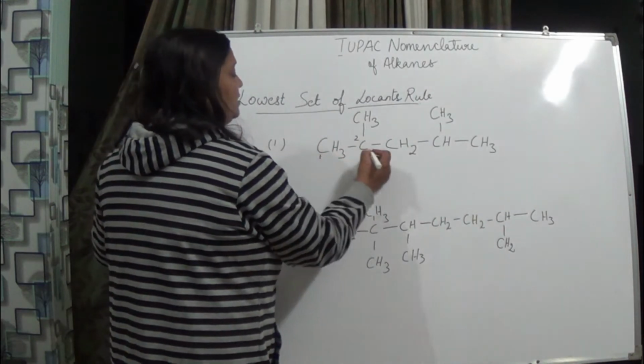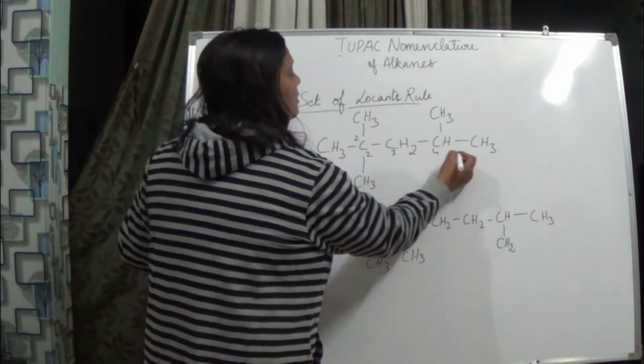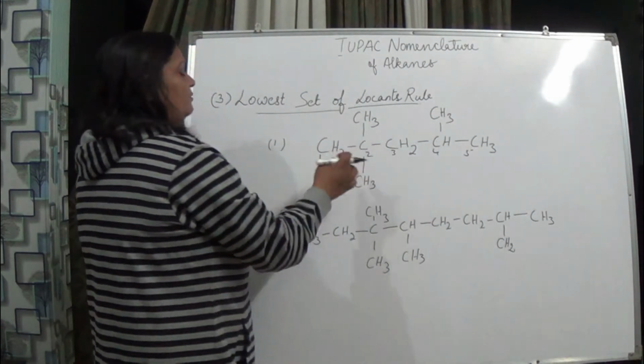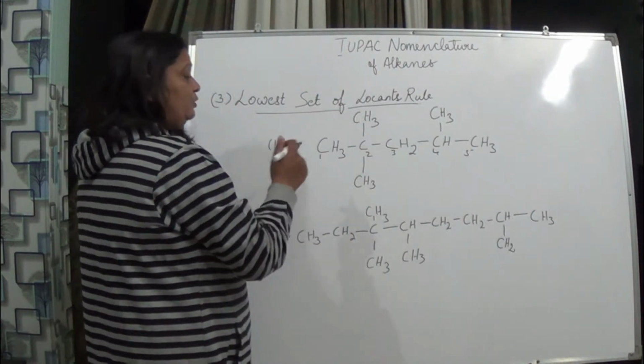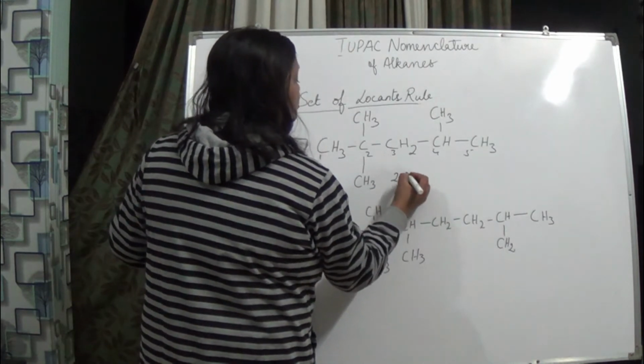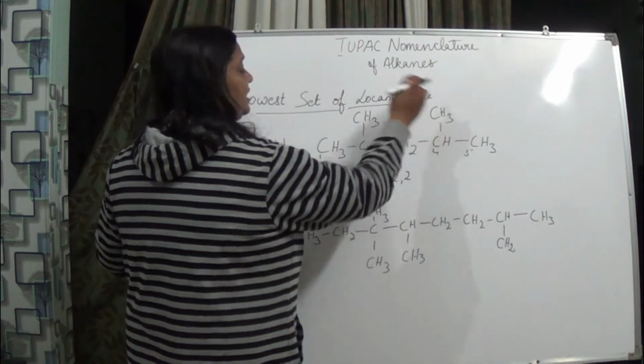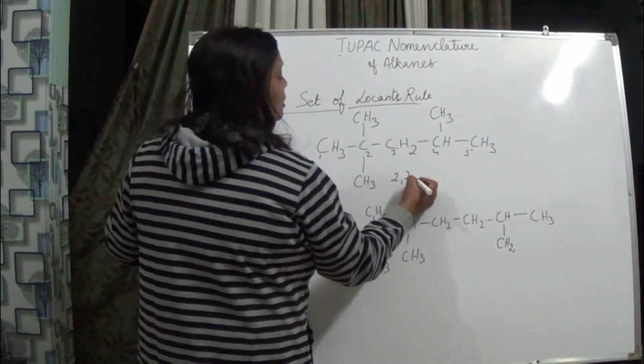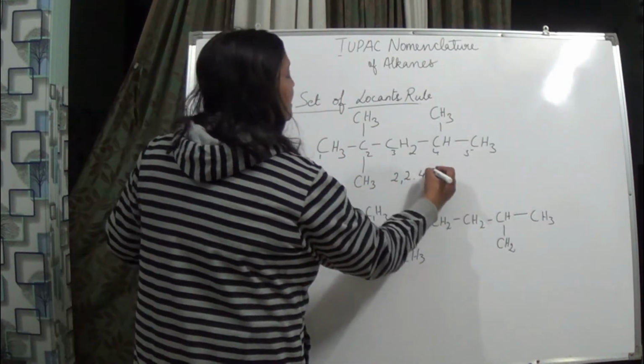So it is 1, 2, 3, 4, 5. At the second position we have 2 methyl groups, so you will write 2, comma 2. At the fourth position again we see a methyl, so comma 4 trimethyl.